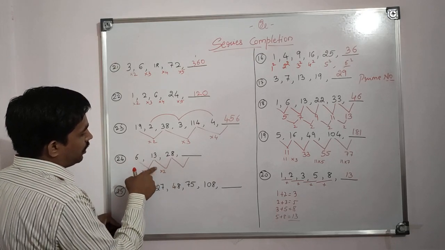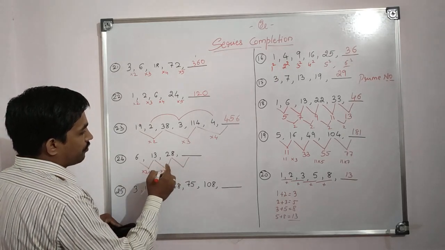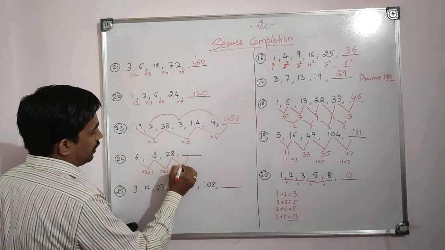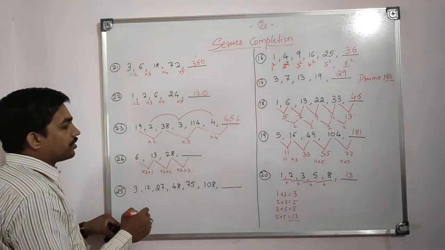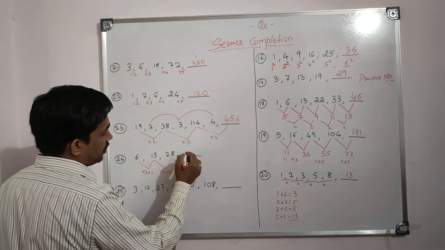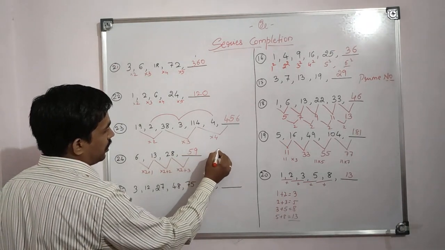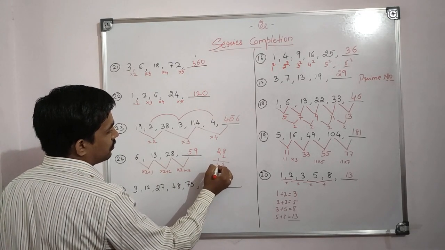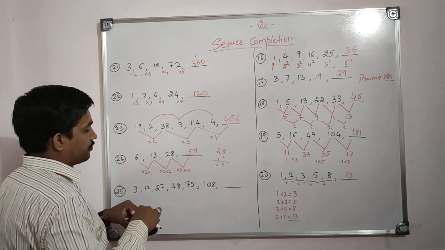Next, 13 into 2 is 26, plus 2, 28. And then 28 into 2 is 56. 56 plus 3 is 59.